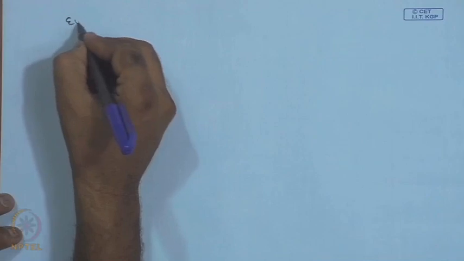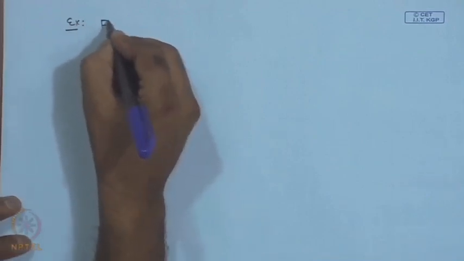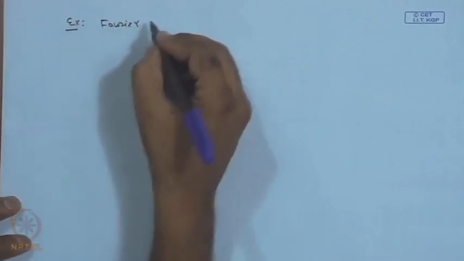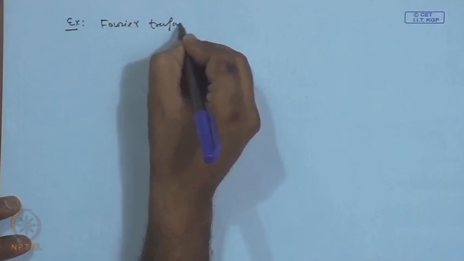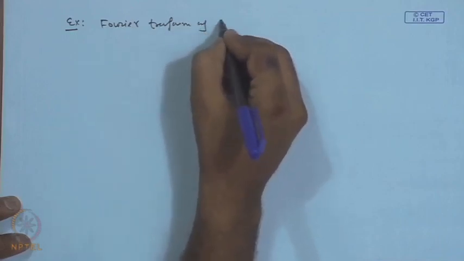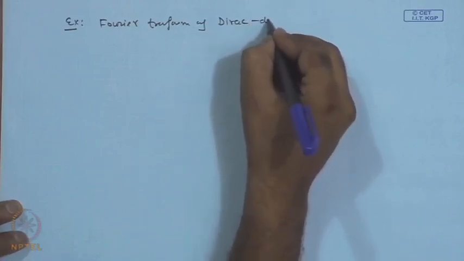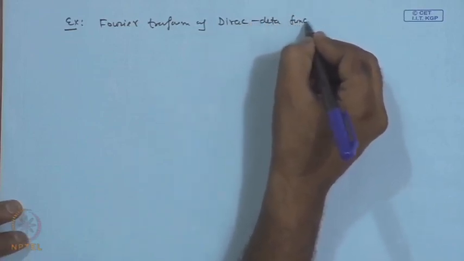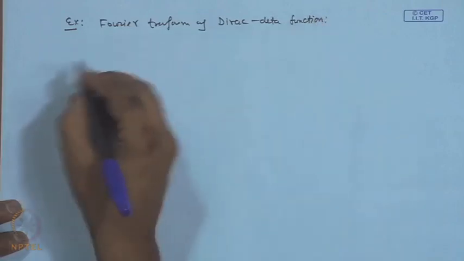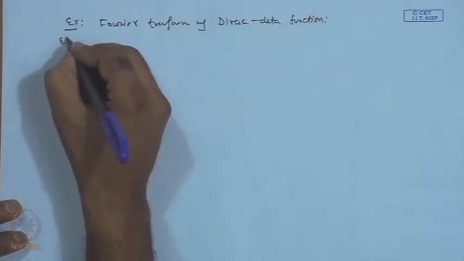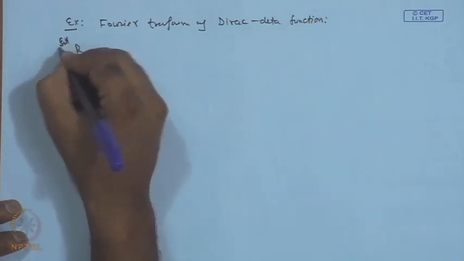Okay, so the next example, we have the Fourier transform of the Dirac delta function. We have introduced this function already while discussing the Laplace transform.